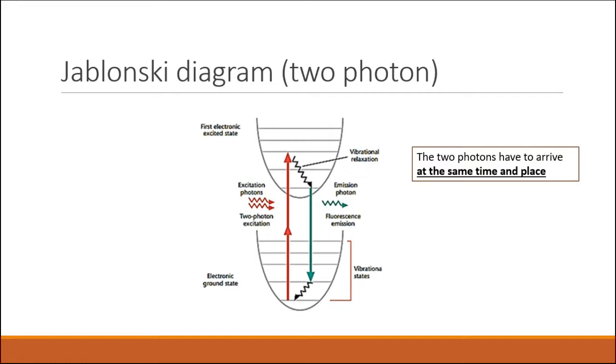We go to the excited level with the help of two photons and arrive at the fundamental, emitting one other photon. For this process to be possible, the two photons have to arrive at the same time and at the same place. And this sentence will be very important to investigate how we can overcome this limitation of two-photon fluorescence.